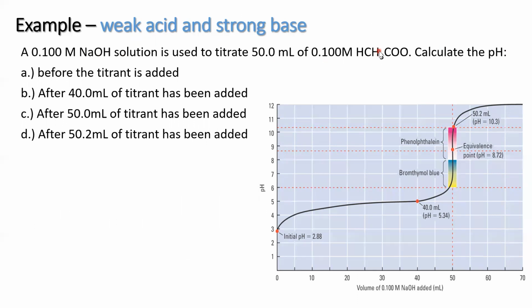Well, acetic acid is a weak acid, so what we're going to be doing is slightly different than what we did before. And we want to calculate what the pH is at various points in the titration. We're going to figure out what it is before the titration starts, after we add 40 milliliters, after we add 50 milliliters, and 50.2 milliliters.